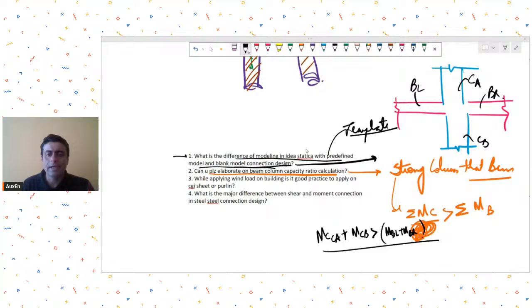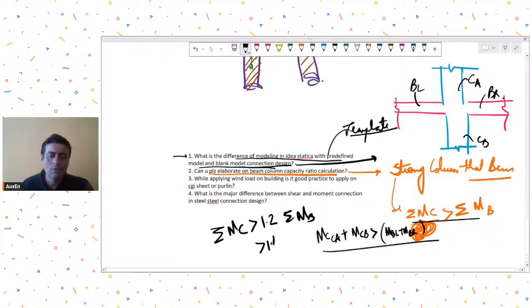Now, as per different codal provisions, some codes are not just satisfied with this. They give you some additional ratio, that columns have to be 1.2 times as strong as beams, or some codes give you 1.4 times, or 1.1 times as strong as beams.